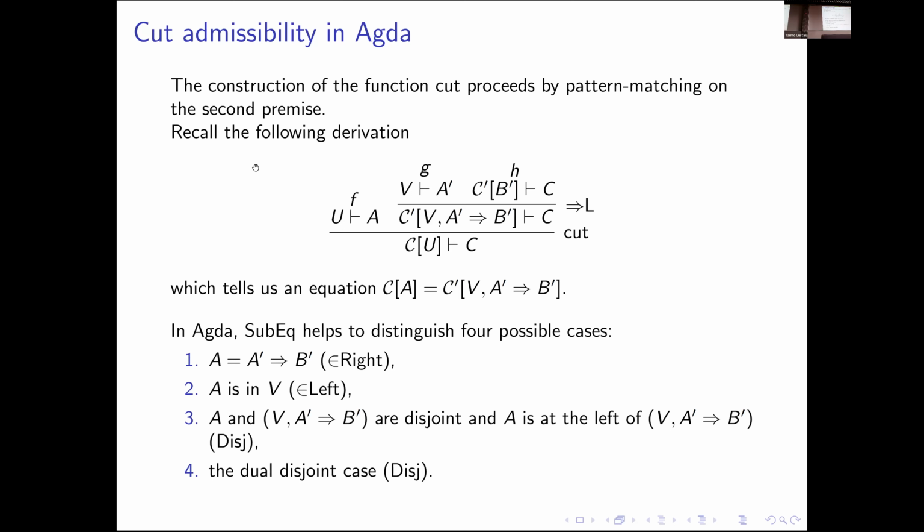The first case is when U2 contains U1 in its right subtree, which means this A is equal to A prime implies B prime, or it contains A in its left subtree, or they are disjoint. And then we need to provide a solution for each case, and we can do that.